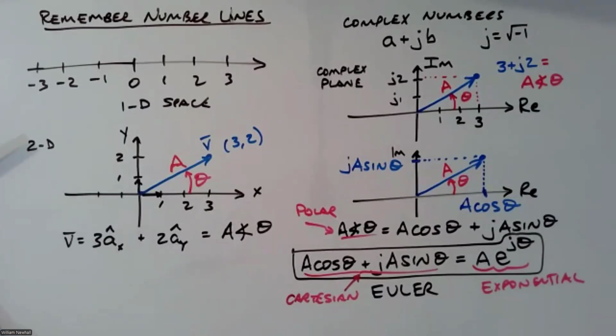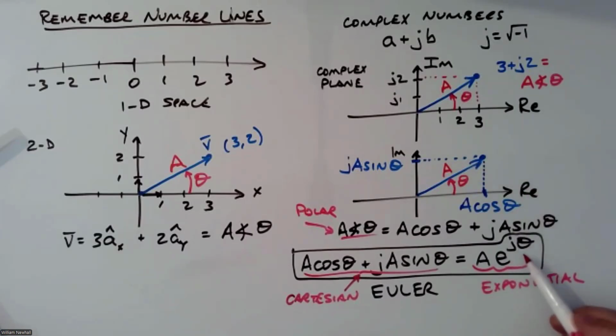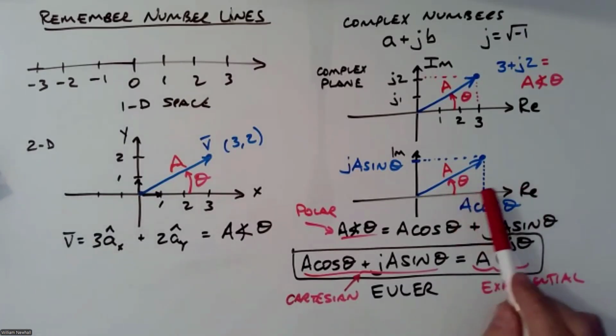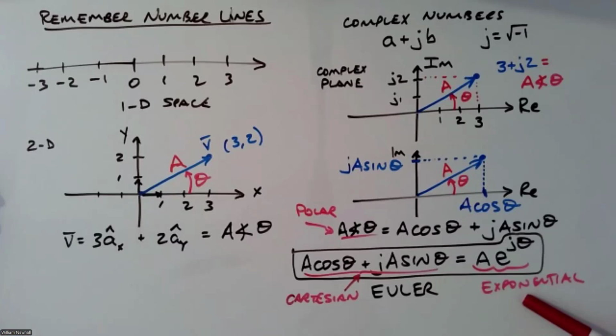This is a way to express that same value: A, the length of that vector, times e to the j, the angle of that vector, using Euler's formula. We're going to use all three forms, you'll see. But I wanted to show you a way to visualize the relationship between polar, Cartesian, and exponential, because they all represent that point or that vector on the complex plane.